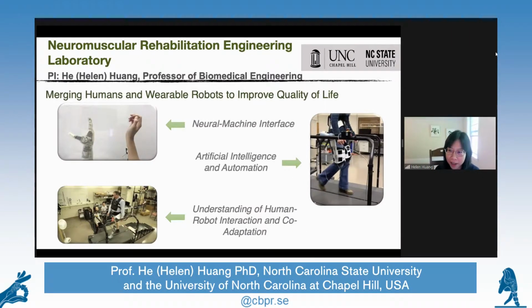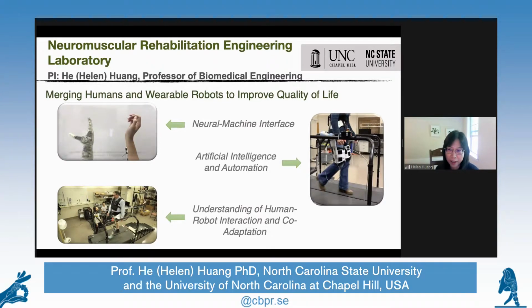Just a little bit about my lab, what I do. I lead a lab called the Neuromuscular Rehabilitation Engineering Lab. In the lab, we work on multiple technologies, trying to merge humans and wearable robots to improve quality of life for people who have a physical disability.